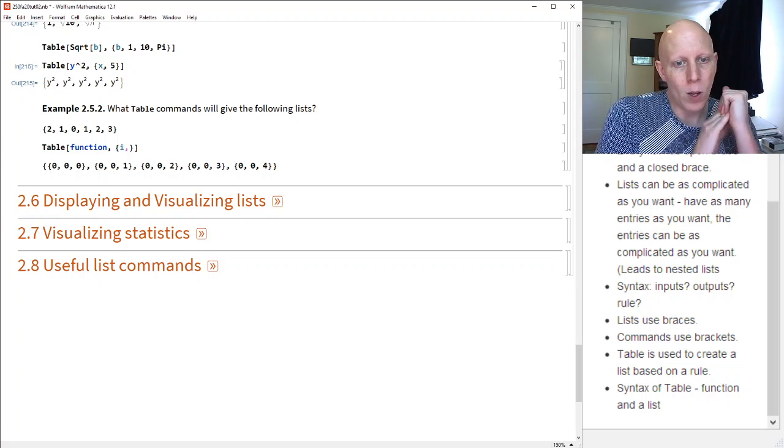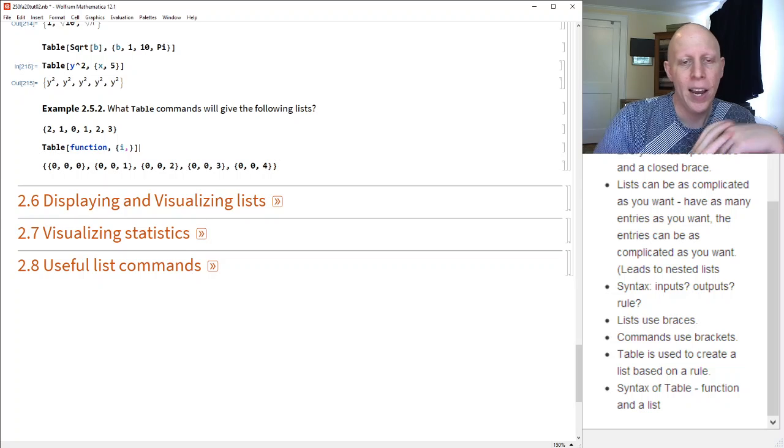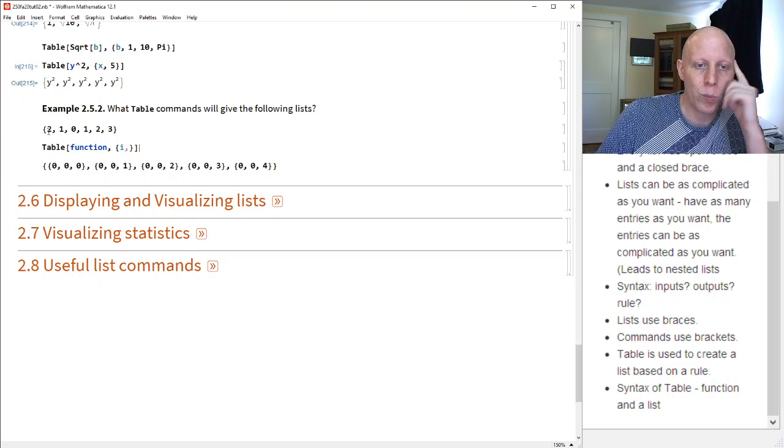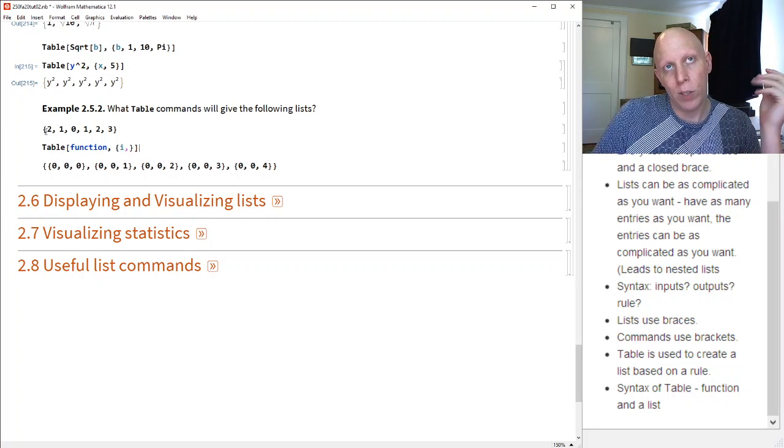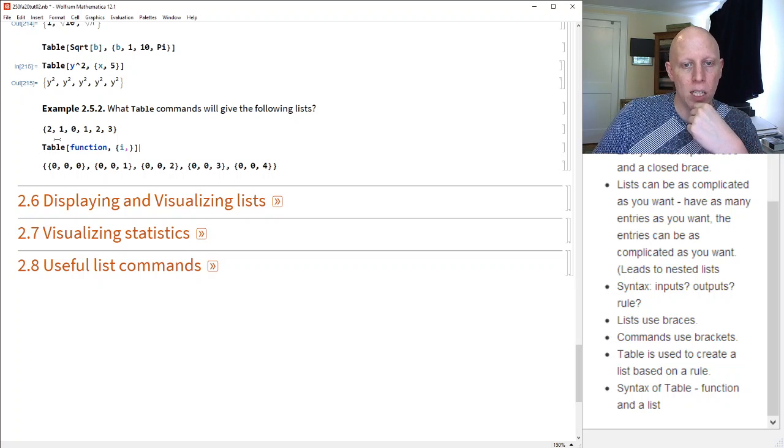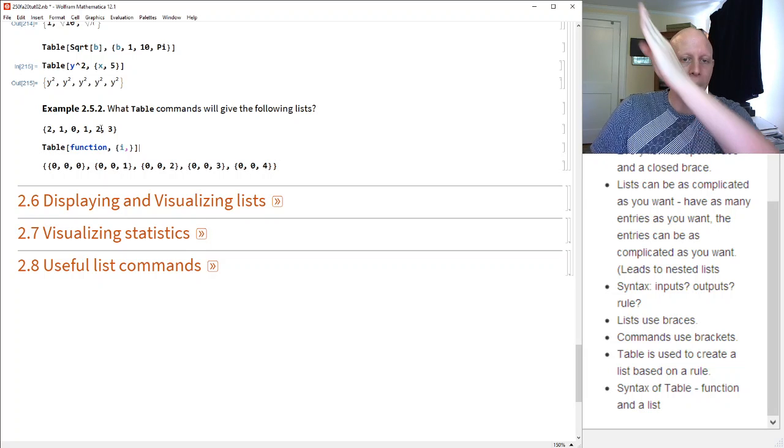So we have to think about what function applies to what set of numbers. And I'm looking at these numbers, and the way table and range work is you need a set of numbers that is increasing at a regular rate. Well, in this case, the feel I get is it's going down and then going back up.